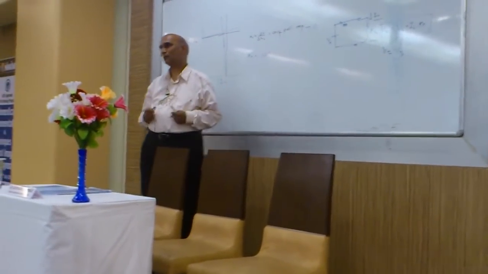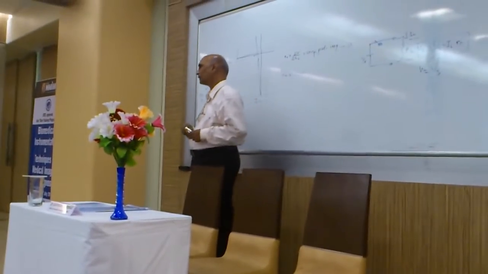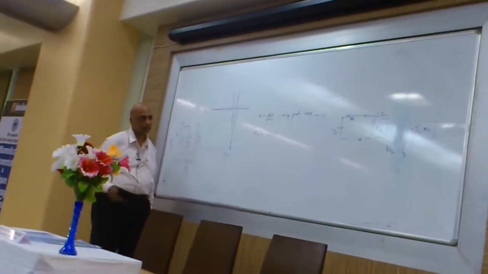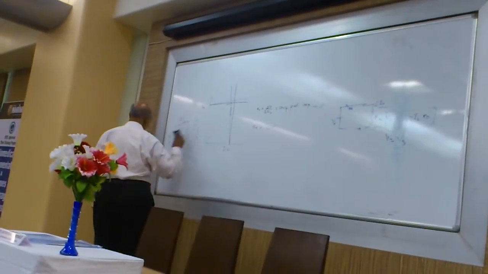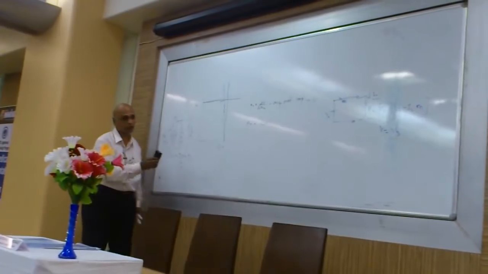Now how do you design a current source in the first place? And how do you design a voltage source? Let's not worry about the voltage source, all of us know how to design a voltage source. Let's talk about current source design. Can I rub this off? Thank you. If you are through with this, I think we can go to the design of a typical power and current pump.